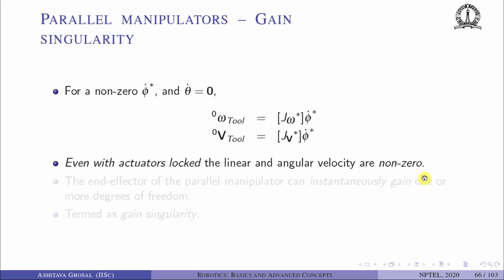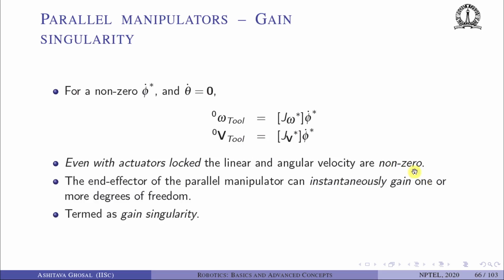Okay, so this is an important observation, that the end effector of a parallel manipulator can instantaneously gain one or more degrees of freedom, and this is called gain singularity. Why is it instantaneous? Because this only happens when the determinant of k star is equal to 0, and determinant of k star is a function of q, so it can happen only at some q.